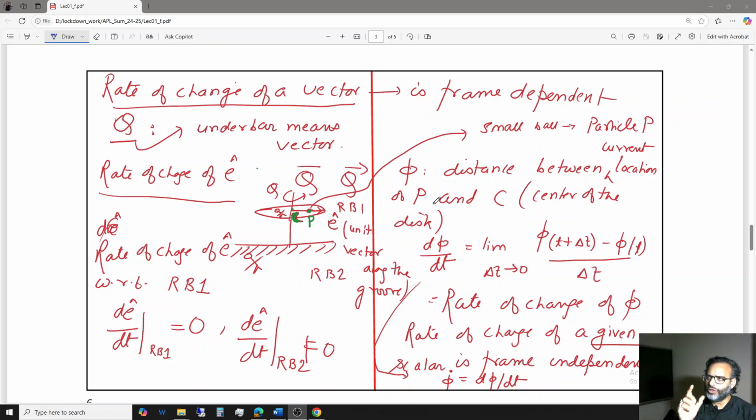If I just focus on the distance, then it is just a scalar, right? Phi is the distance between the current location of P and C. Now we can define rate of change of the scalar also, and that definition will be following the definition from calculus. This is what I have written here.